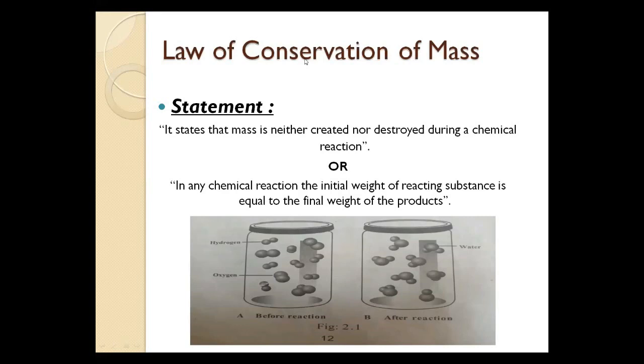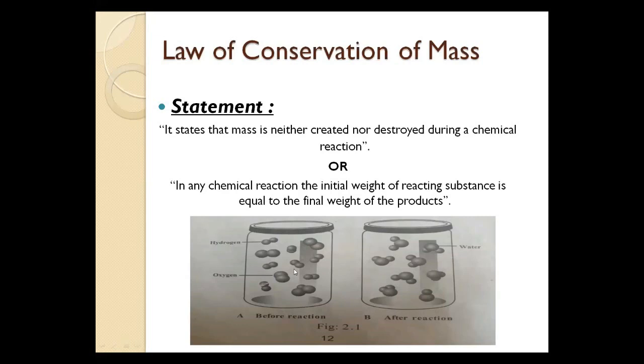Whatever the weight of hydrogen, for example, suppose we have 1 gram of hydrogen and 2 grams of oxygen. When we combine them together, we get water with the same mass: 3 grams. 1 plus 2 is equal to 3.